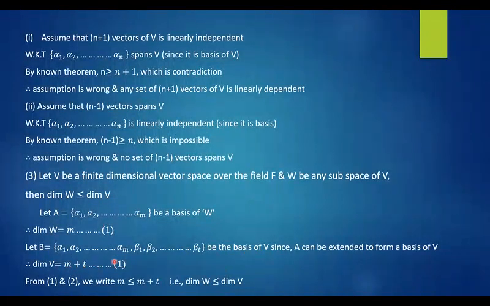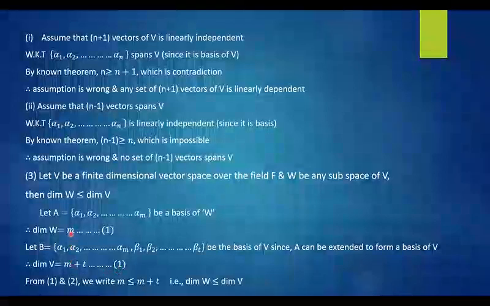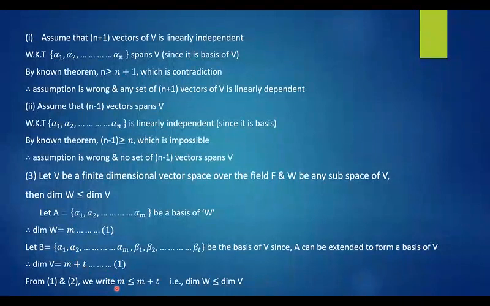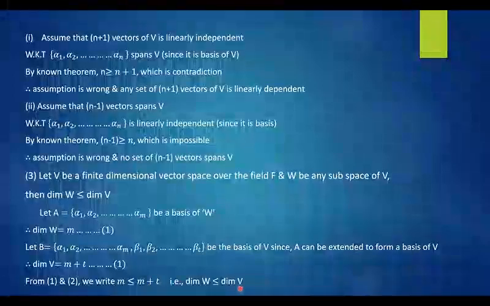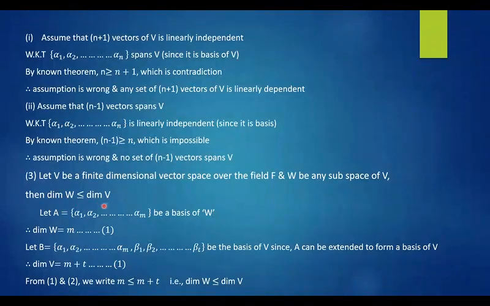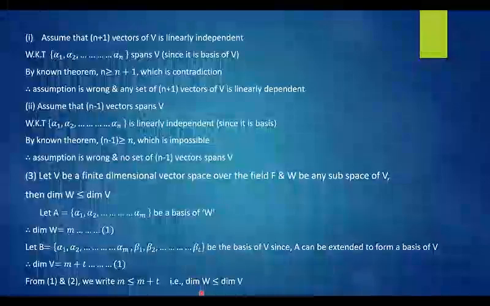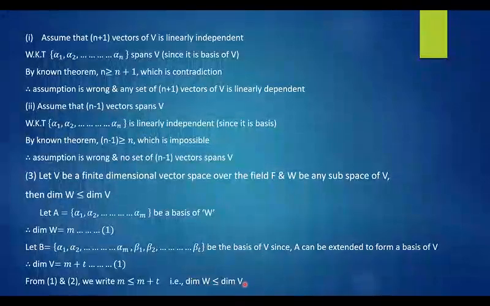From 1 and 2 we can write that m is less than or equal to m plus t. What is m? It is the dimension of W, and m plus t is the dimension of V. So we have proved the dimension of W is always less than or equal to the dimension of V, where W is a subspace of the vector space V. Okay, thank you.